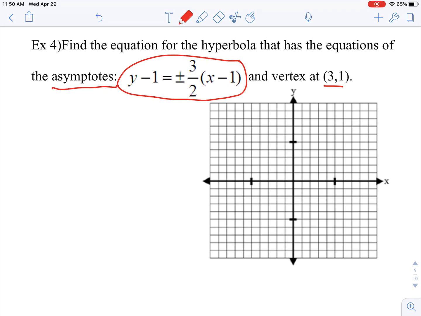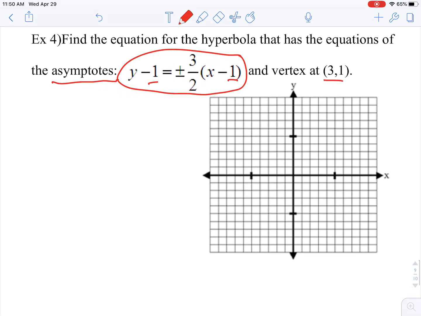If I asked you to plot these asymptotes, remember when we wrote asymptotes before, remember that this point, 1, 1, that ordered pair that the asymptotes are crossing through, that is actually the center point. So even though we didn't come right out and say, hey, here's the center, we used that center point every time we wrote the asymptotes. So the fact that I gave you those equations, we now know that the center is 1, 1.